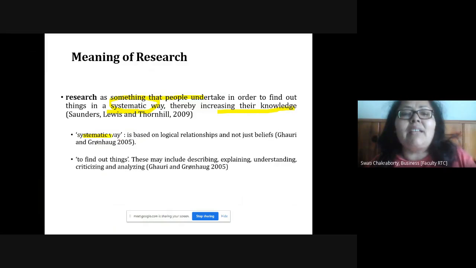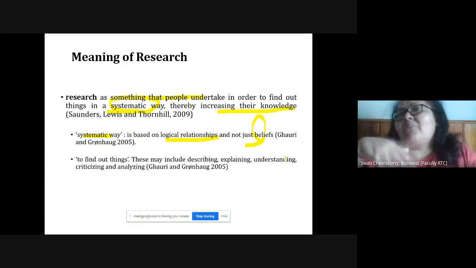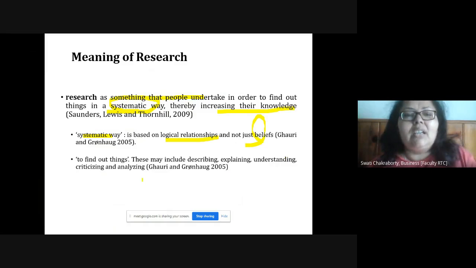When we talk of systematic, it means doing work based on logical relationships and not just on beliefs, like "I think that's what I feel." It's not that. You need to have some evidence. Now, to find out things could be to describe, explain, understand, criticize or analyze.